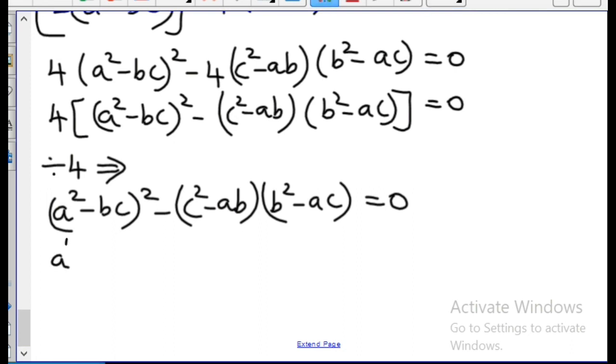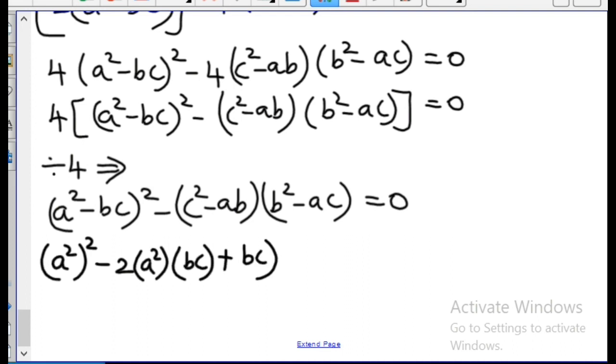That means a power 4, a square whole square, or we can apply the formula. First you apply, then it is easy to simplify. A square whole square minus 2ab, 2 into a square into bc, plus bc whole square. This is the expression for a square minus bc whole square.